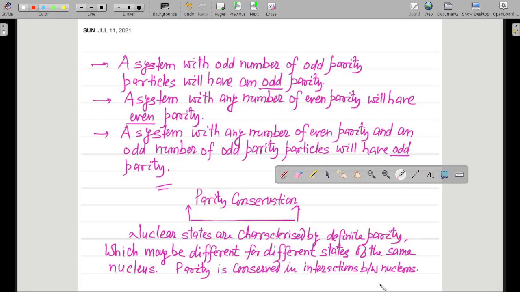Parity is conserved in interaction between nucleons. Whenever there is interaction between the constituent nucleons of the nucleus, parity is conserved in such interactions.